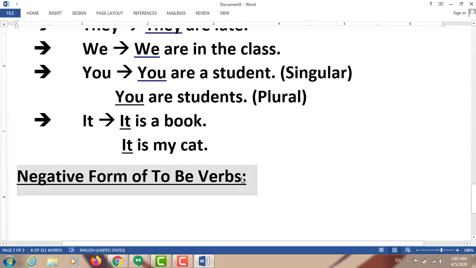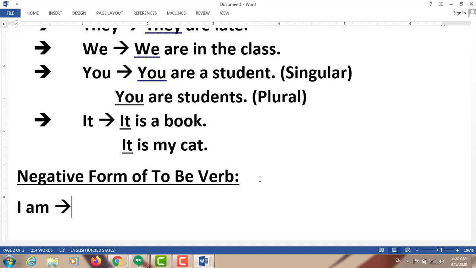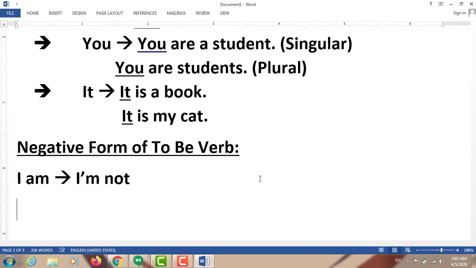Okay, so when you say something is not in a state or something is not in being, you use the negative. So for I am, the negative form is I'm not. We usually use this contraction in spoken English, remember.